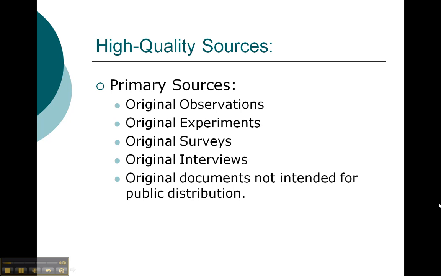It's just original material. And I have a whole other video on primary sources, so I'll give you a little more explanation. But keep that in mind: original data, not written up for distribution.